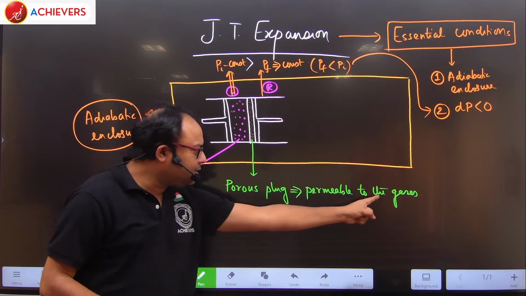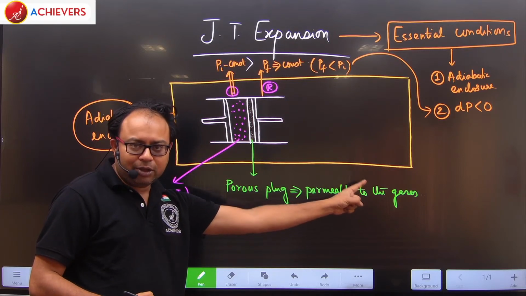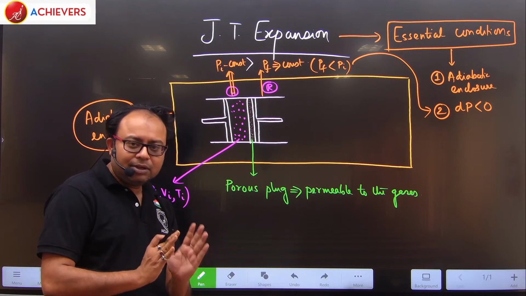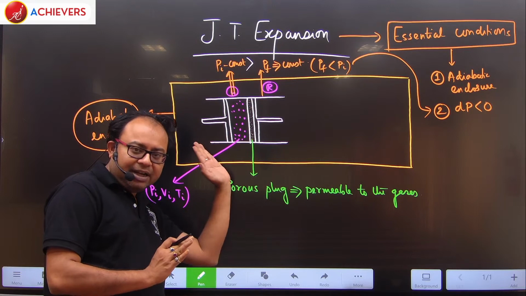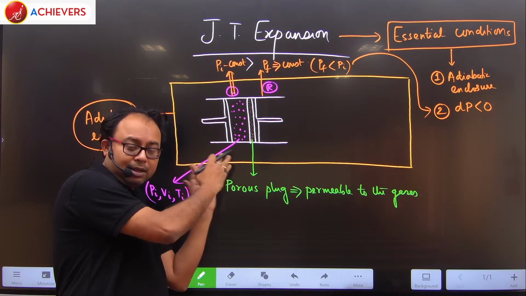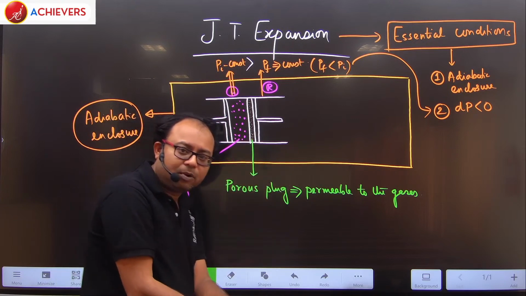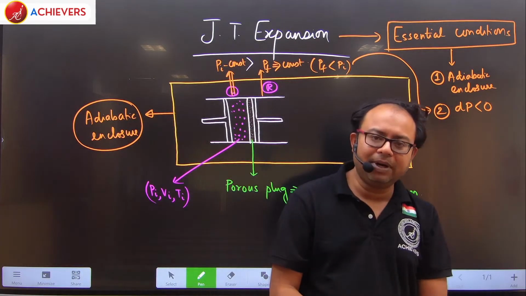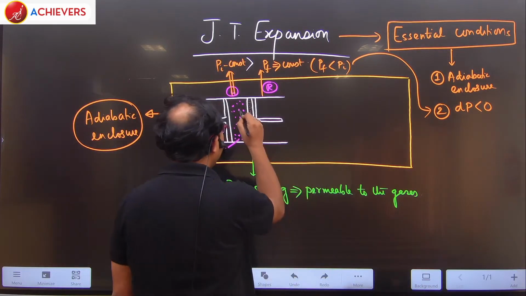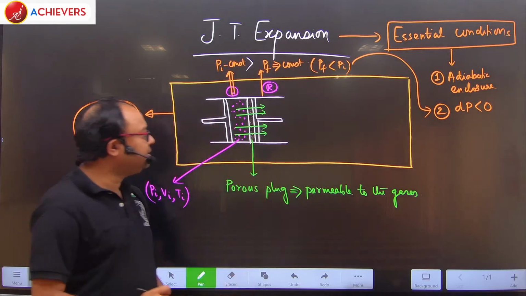The porous plug is permeable to the gases, so there is no prohibition for the gas molecules to pass through it. The gas molecules will pass through the porous plug from the left hand direction, the region of higher pressure, to the right hand direction, which corresponds to the region of lower pressure. So there will be gas flow in this direction.